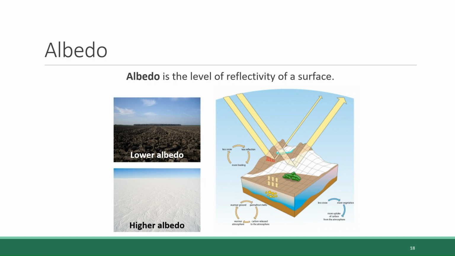This is what this illustration on the right is representing. The fact that solar energy comes in and hits different surfaces, and depending on the reflectivity of that surface, some amount will be bounced back and escape back into space. And obviously, if that energy is being reflected back out into space, then it's not being used to heat the Earth.